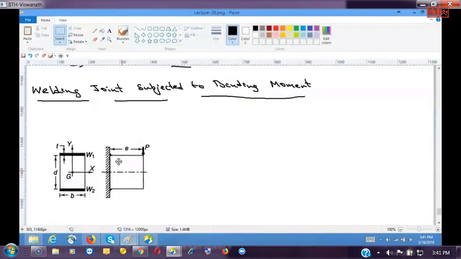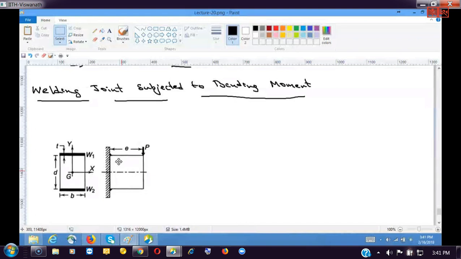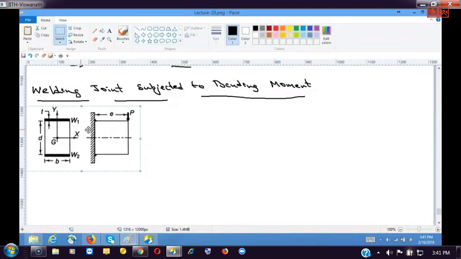So that results in this kind of loading, because the load is applied at a distance E on this bracket, so this will cause an eccentric loading P into E. That can again be calculated based on the previous resultant superposition method in the following manner.